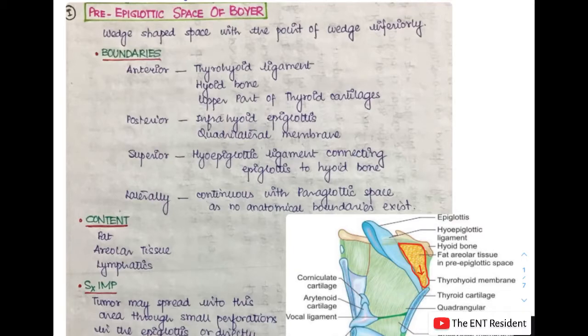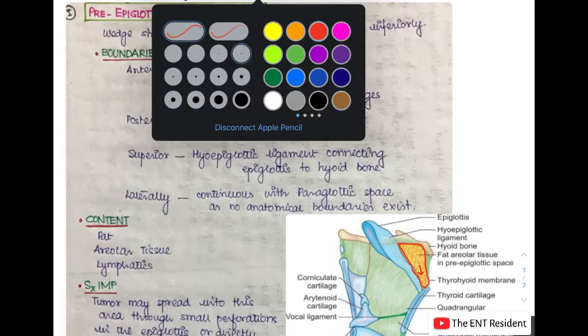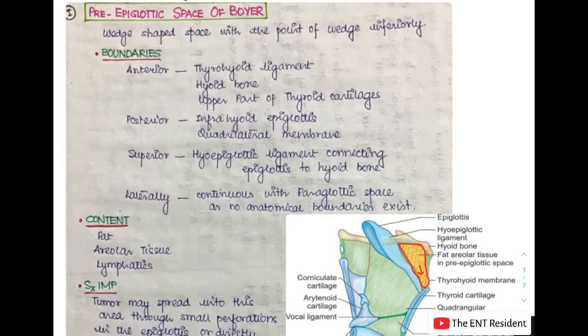Now what are the boundaries of this space? The boundaries are, first of all, the anterior boundary. The anterior boundary is formed by the hyoid bone over here, the thyrohyoid ligament and membrane over here, and the thyroid cartilage over here.